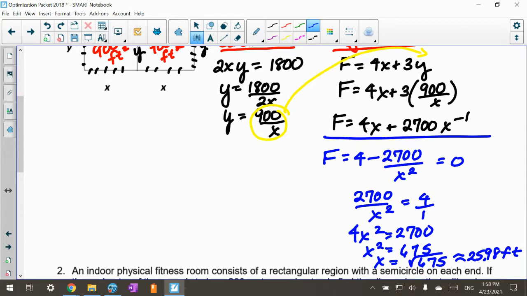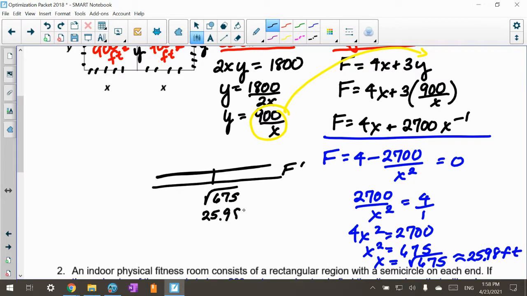Now, before we go any further, remember what I showed you. You have to do your first derivative test. So we're going to do f prime, and radical 675 is really what the answer is, which is 25.98 feet. Actually, I should make a prime here, so that's my fault. I get going too fast.